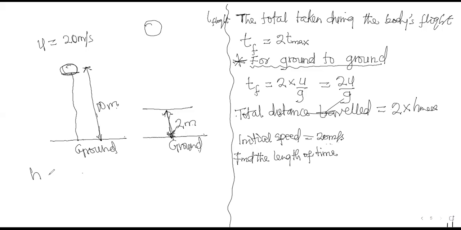Okay, so H is equal to UT plus half GT squared, or V is equal to U plus GT. So we can use, for time, either this or that.